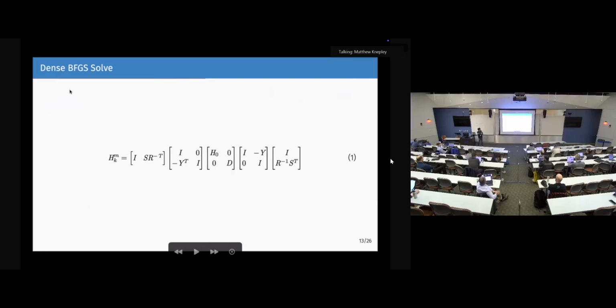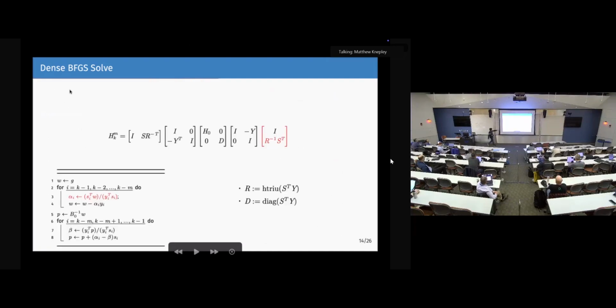This is a block matrix format of the previous one. So when you write this out, this becomes this. This is the simplified, recursive BFGS algorithm that I showed you in the beginning. I denote R as a historical order of S^T Y and D as a diagonal of it. Looping over this part, the dot product and all reduce, becomes just one GEMV and one triangular solve in historical order.